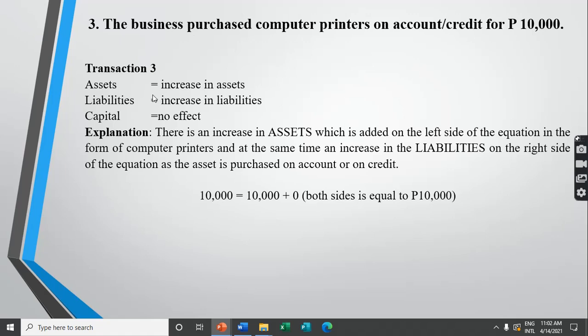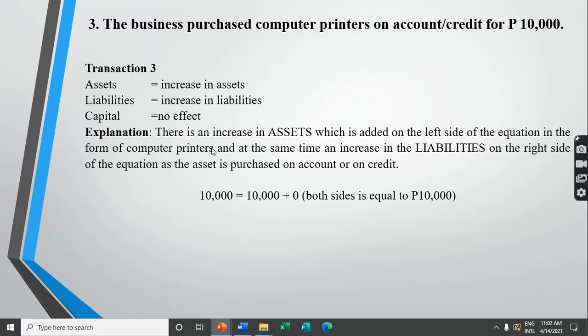So, ang effect ng transaction sa accounting equation is yung asset mo nag-increase kasi may nadagdag na computer printers. Okay? And then, yung liabilities mo nag-increase din kasi inutang mo yung computer printers which worth 10,000. Okay? Sa capital, walang effect kasi hindi mo naman siya ininvest.